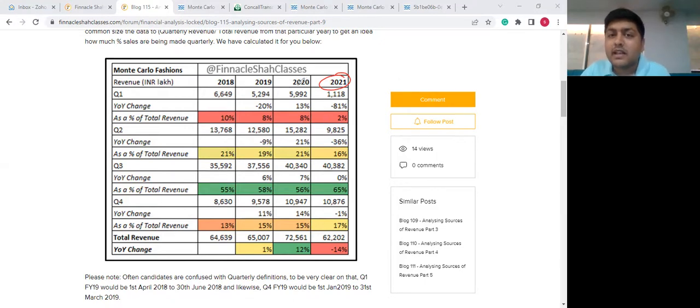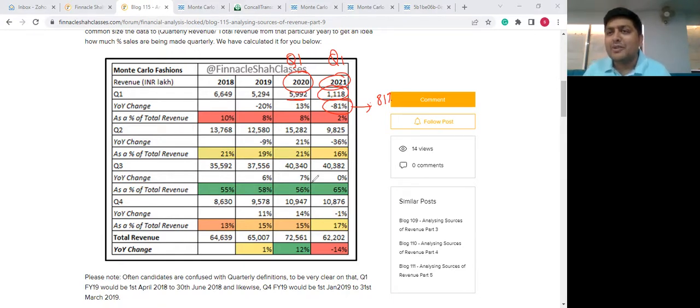So as you can see, as compared to quarter one FY20, quarter one FY21 almost took a hit of 81%. How did I get that? Using this simple calculation, because quarter one FY20, the revenue was 59 crores, and when you take a look at quarter one FY21, the revenue was 11 crores. So 59 crores to 11 crores, 81% down.